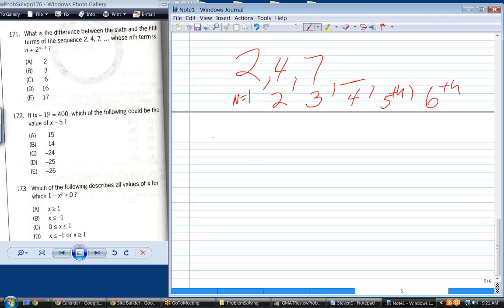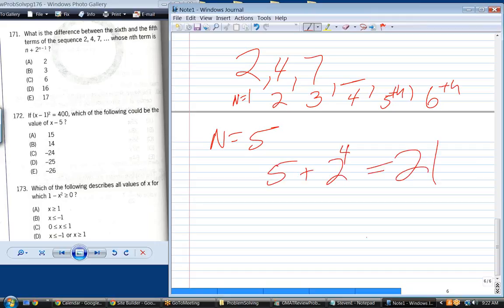So n is 5. When n is 5, what is the term? It's 5 plus 2 to the fourth, 21. Okay.